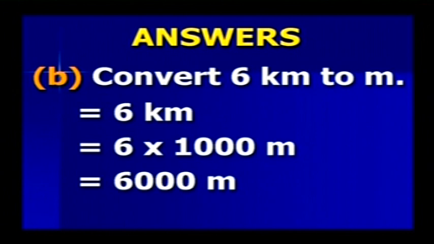You are changing this bigger unit to a smaller unit. So when you change a bigger unit to a smaller unit, you multiply. 1,000 meters is equal to 1 kilometer, so we multiply 6 by 1,000. Is that clear? Yes?